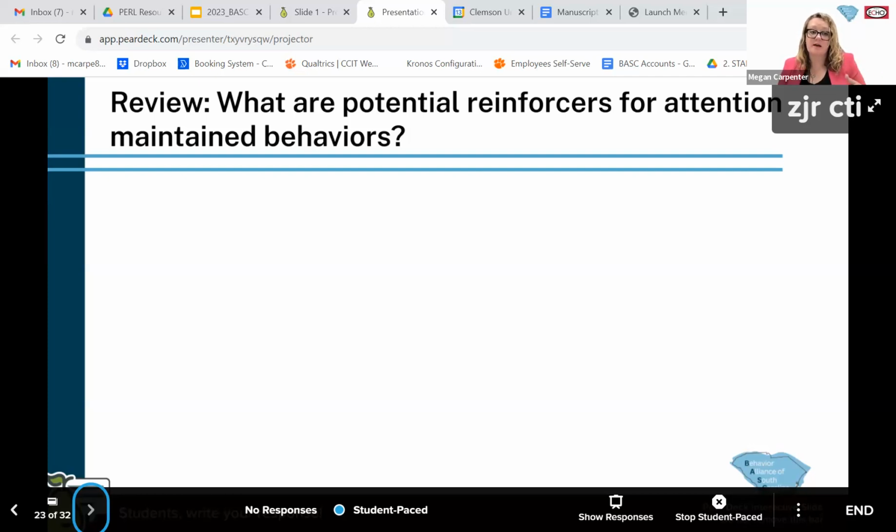So extra teacher time, lunch with the teacher, quick check-ins with the teacher, extra praise, those would be potential reinforcers for attention maintained behavior. What about escape maintained behavior? When we look at escape maintained behavior, that's things like allowing a student to take a break, allowing them to sit in a quieter area of the classroom, right? That allows them to escape in a contextually appropriate way.